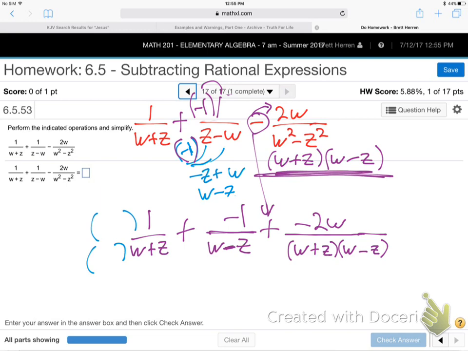So what's this one missing that other neighbors have? W minus z, top and bottom. What is the middle one missing that other neighbors have? W plus z. What is the right one missing? Nothing. This neighbor has everything. He's the neighbor that has it all. Right?